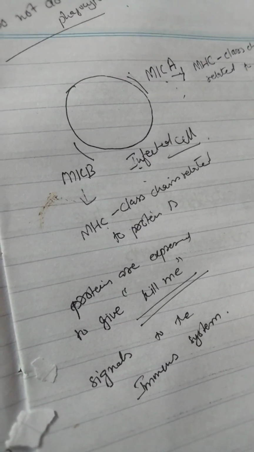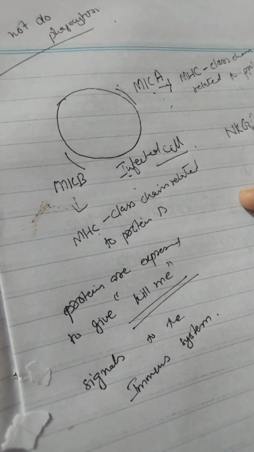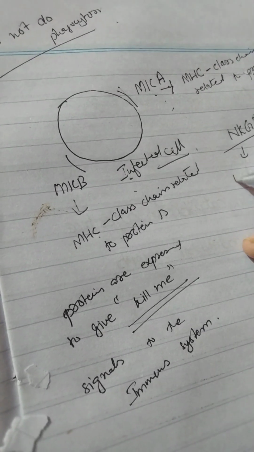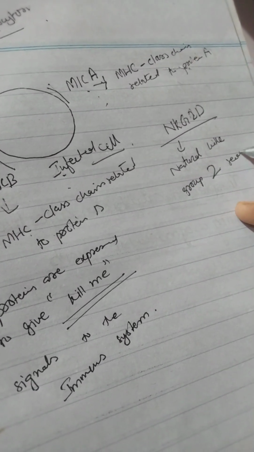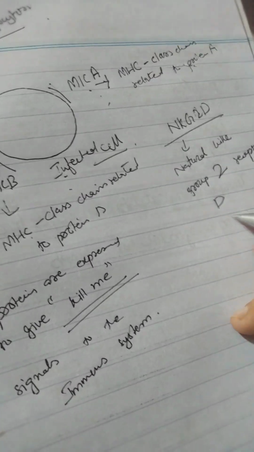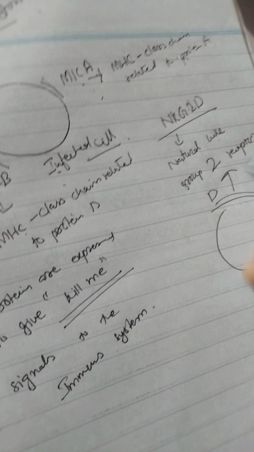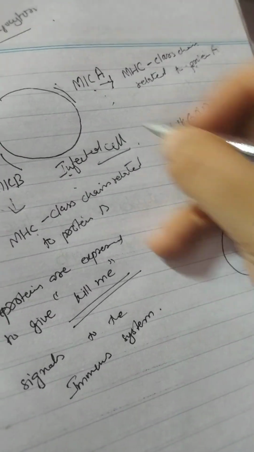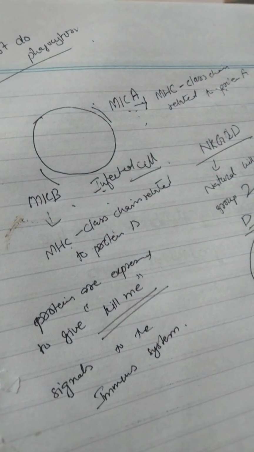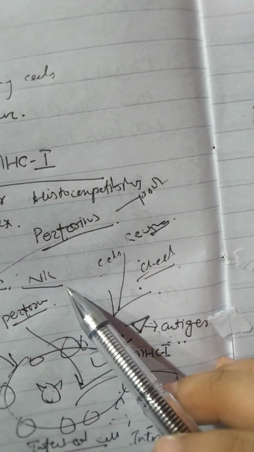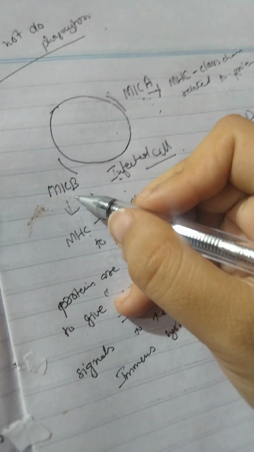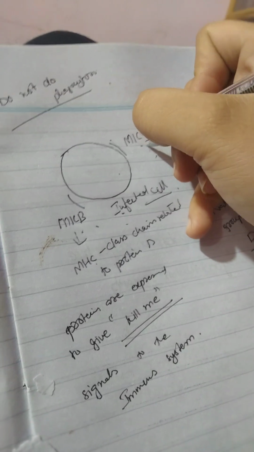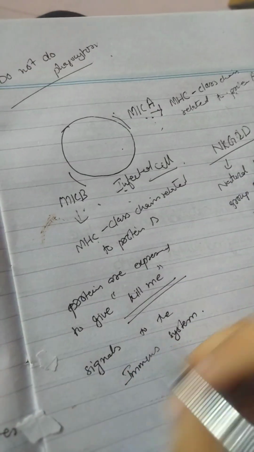So what will happen? NKG2D. Now what is this? It stands for natural killer group 2 receptor D. This is on the NK cells, and these receptors NKG2D recognize MICA and MICB. As we have seen, the NK cells have come over here, and the infected cells have expressed MICB and MICA to give kill-me signals to the immune system.